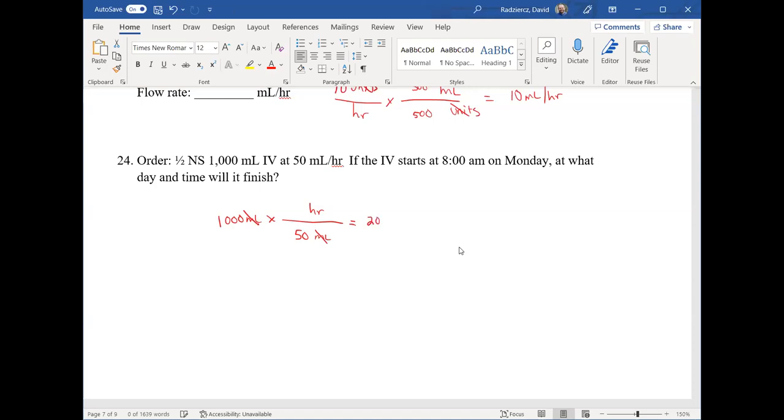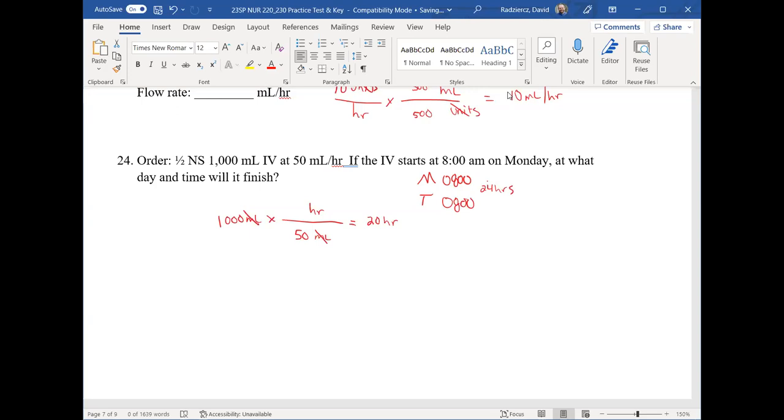So that's step one. Do we know how long it takes? 20 hours. If we start Monday at 8 a.m., remember that's 0800 in military time. If it were 24 hours, Tuesday at 0800 is 24 hours later, right?